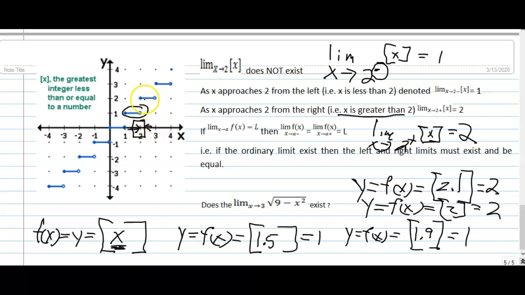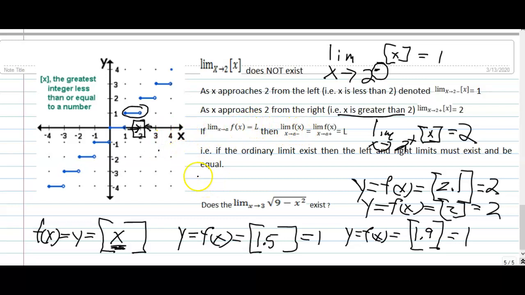So, again, this is what we call a right-hand limit. The limit as x approaches 2 from the right means that x is greater than 2. It's 2 plus a little bit, if you will. So this is called the greatest integer function.